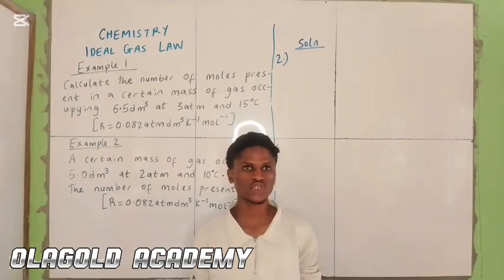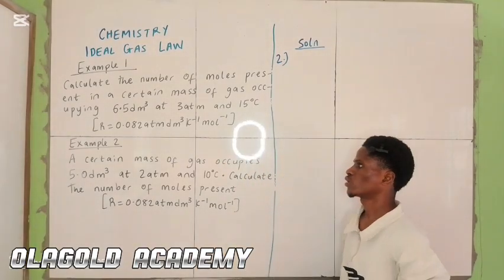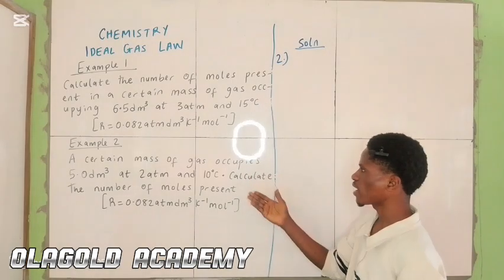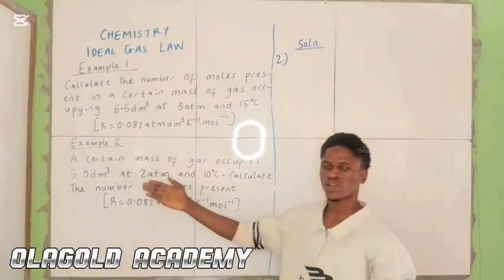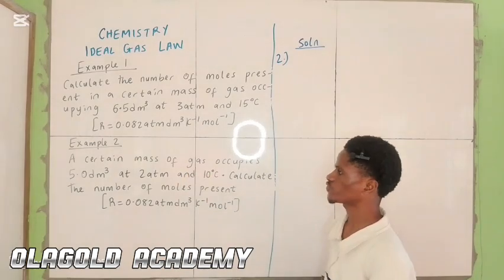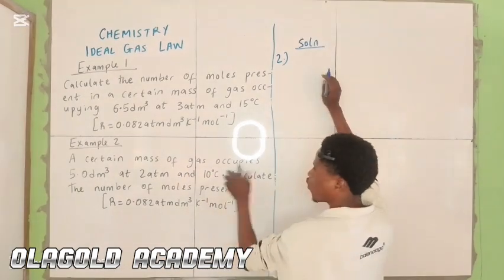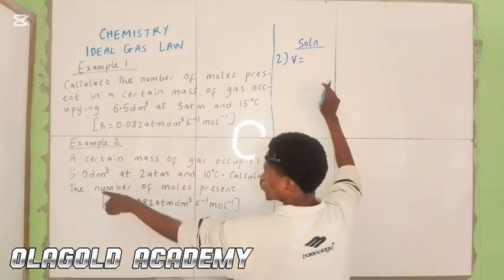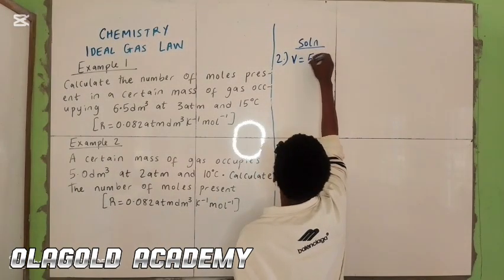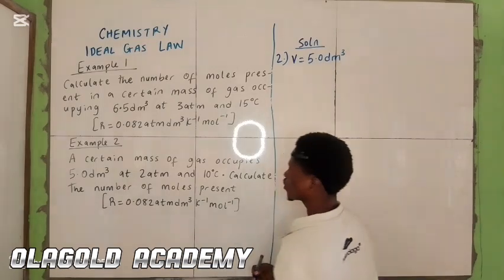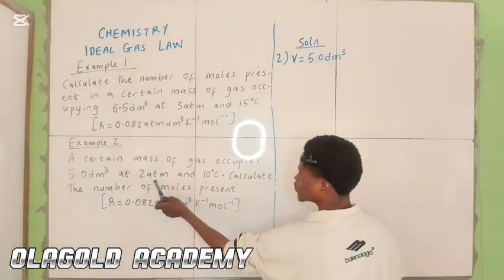Question 2 says that a certain mass of gas occupies 5.0 dm cube at 2 atmosphere. So we have our volume to be 5.0 dm cube, at 2 atmosphere.